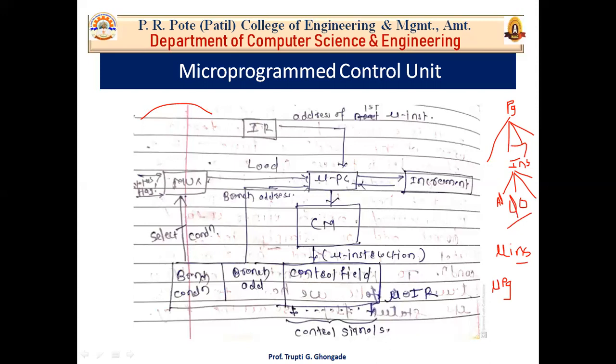In the hardwired method, we made this control unit using combinational circuits. To produce control signals here, we are going to use tiny instructions called micro instructions, and the micro instructions will produce all the control signals required to perform addition, subtraction, multiplication, and so on.